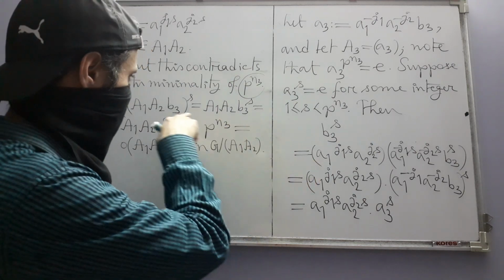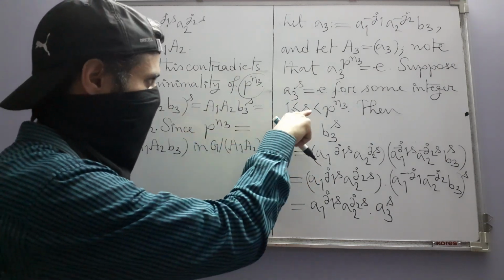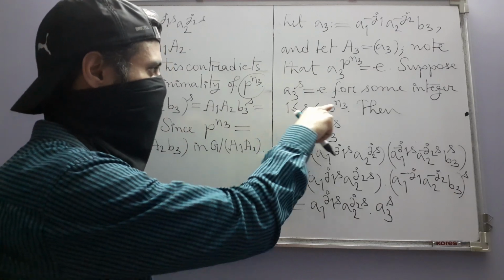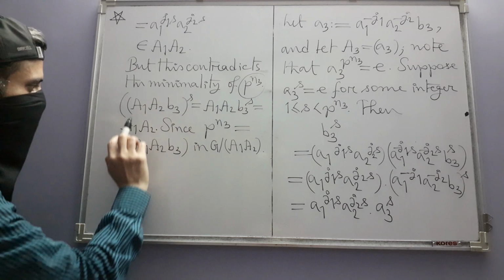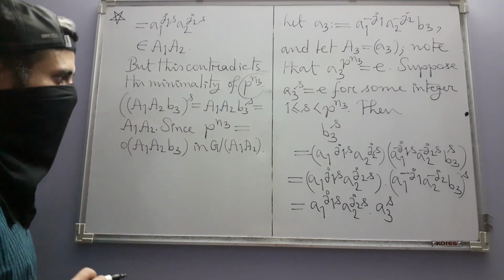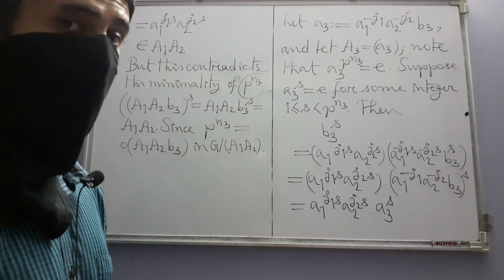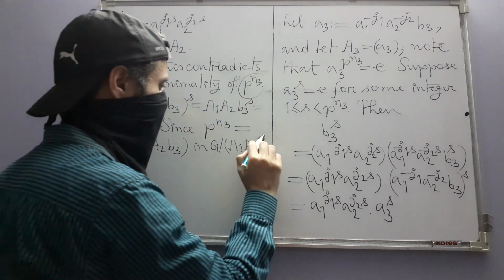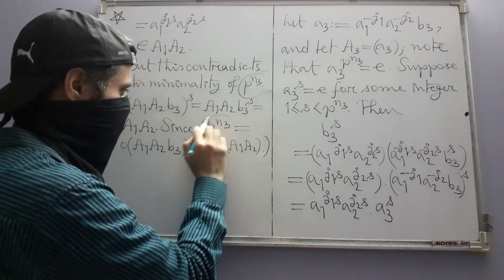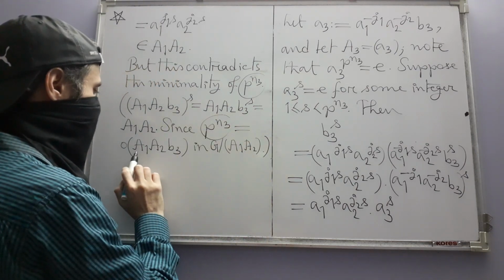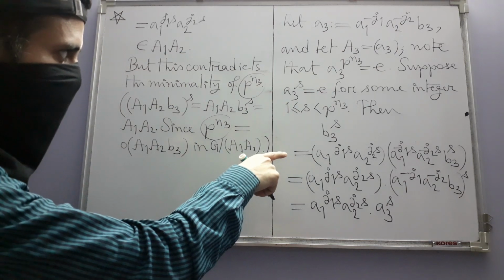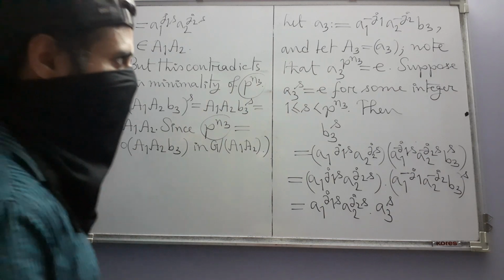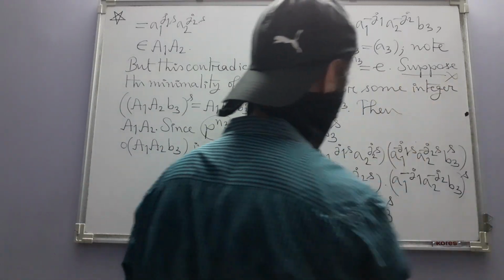But that is exactly what we see in this calculation. s is a positive exponent less than p to the power n3, such that the corresponding power of this element is the identity element in the relevant group. That is the contradiction. And that is the minimality of p to the power n3 as the order of this element which is being violated due to our erroneous supposition. That means our supposition must be wrong.